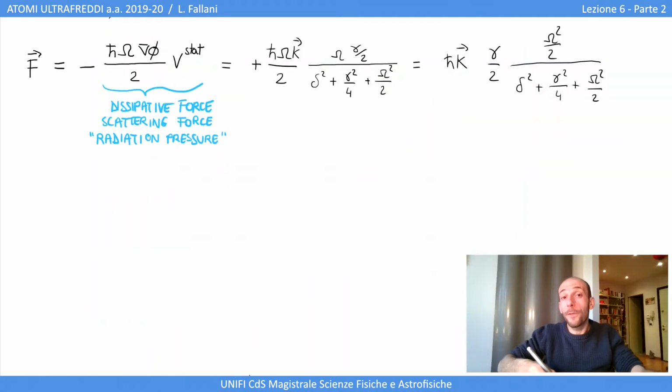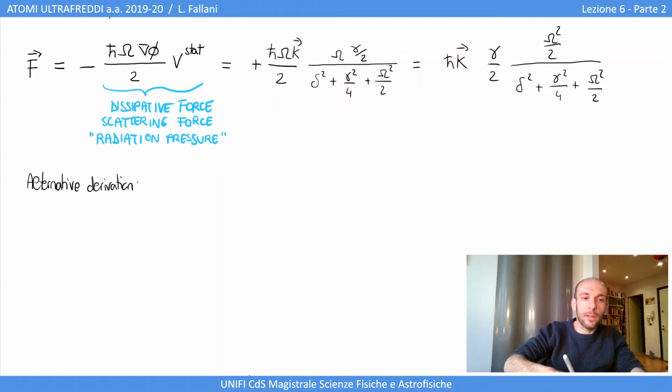So let's see what this alternative derivation is. And this is based on what we have already discussed, so the fact that radiation pressure basically is connected with the absorptive properties of the atom-light interaction.